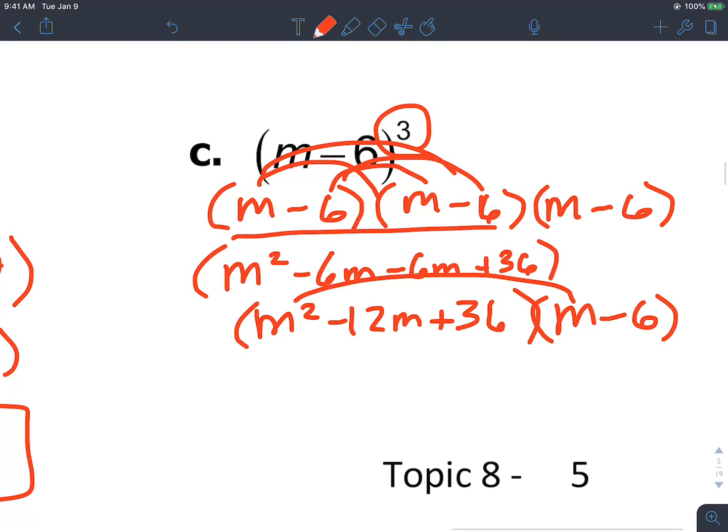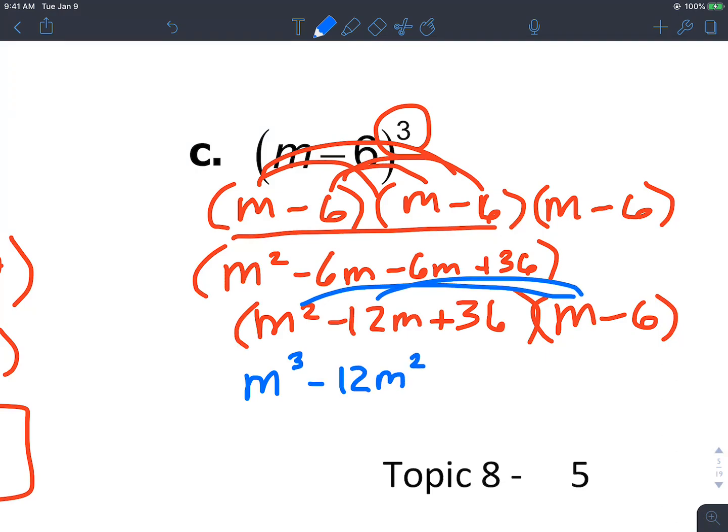So n and n, let's do it in different colors so it stands out better. So n squared times n is n cubed. Negative 12n, so that'd be negative 12n squared. n times 36, it's just 36n. Then negative 6 times n, negative 6n squared.